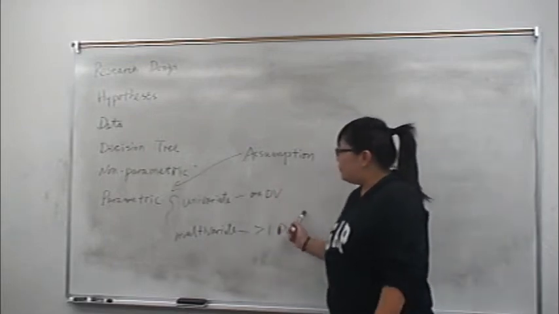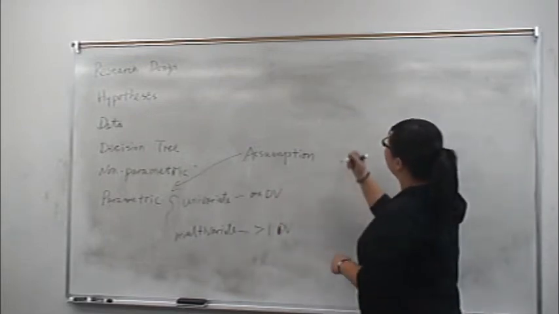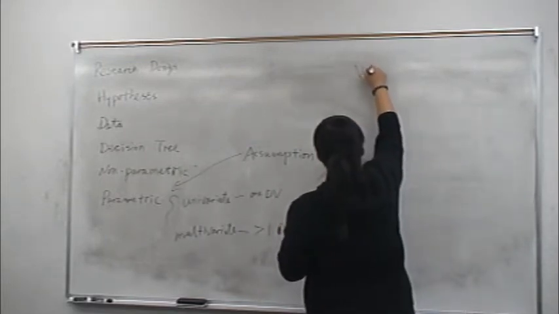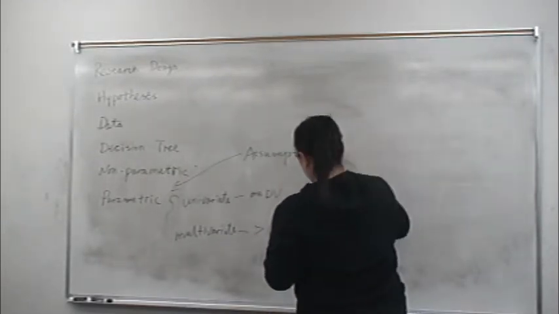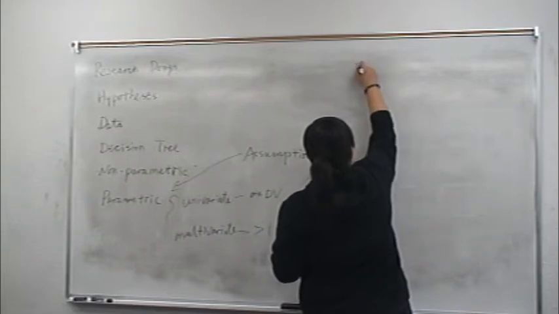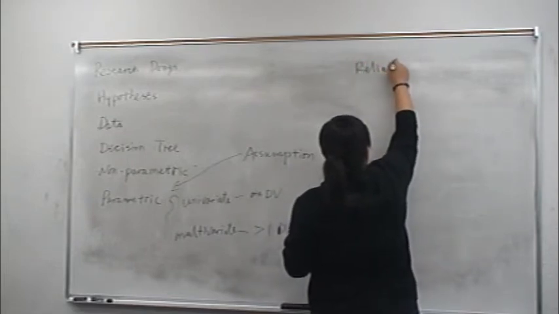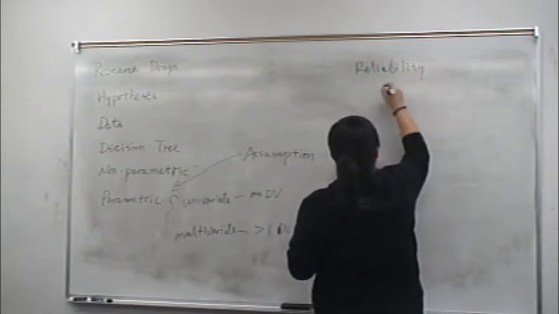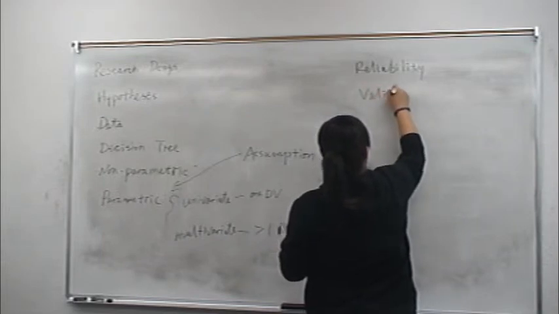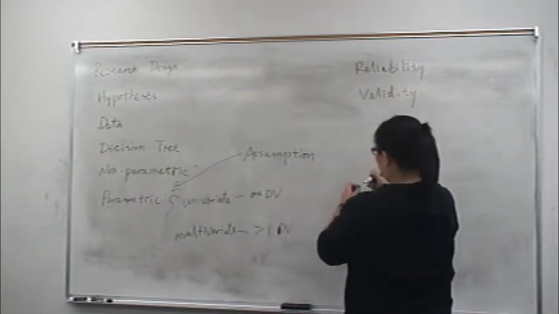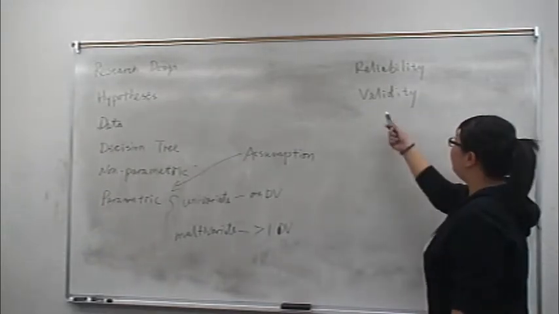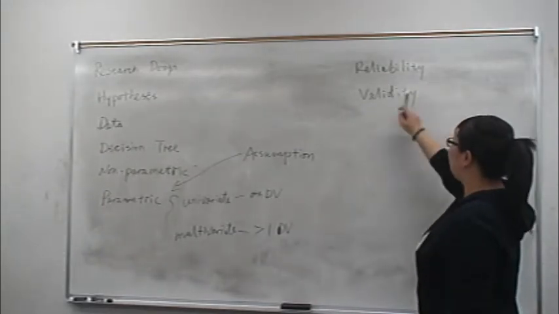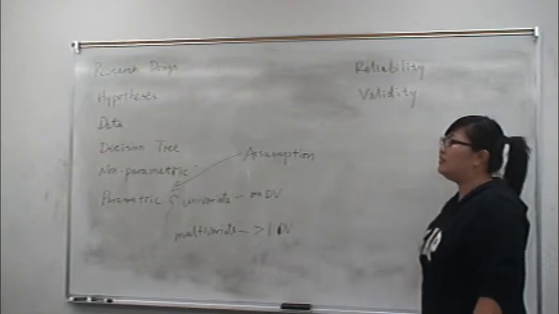And then after parametric, we talk about validity. Oh, we should go to reliability first, and validity. Always check your reliability first because that's the first thing. If you have low reliability, you cannot have high validity.